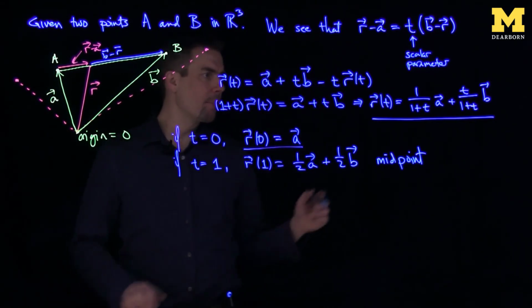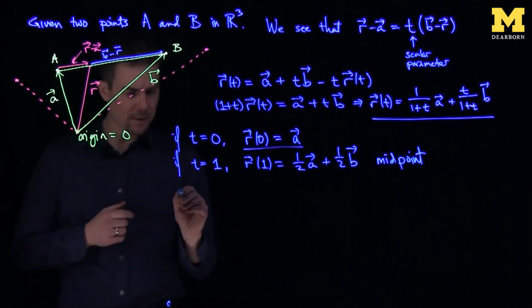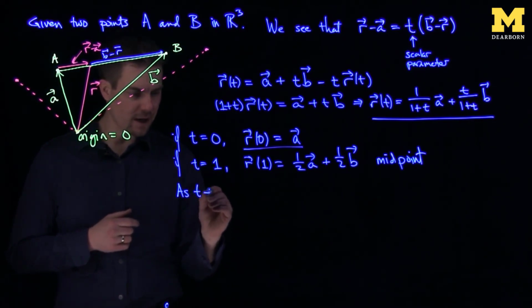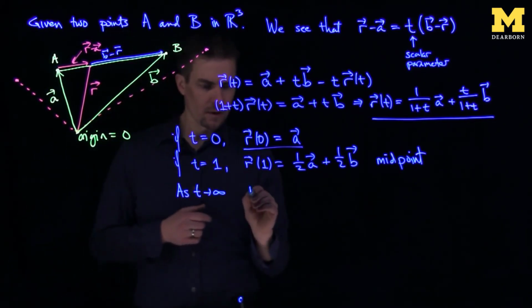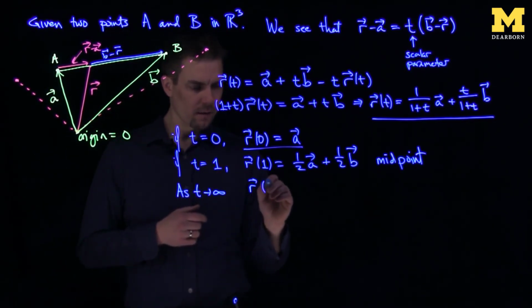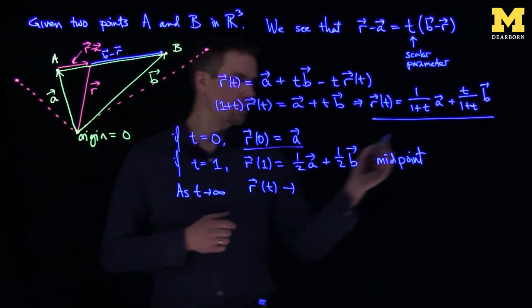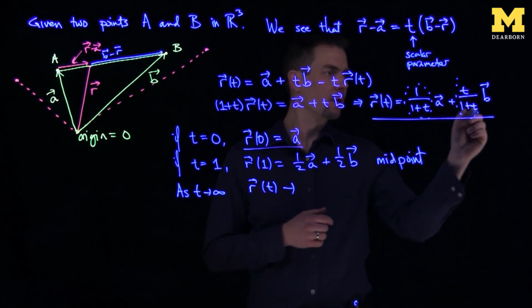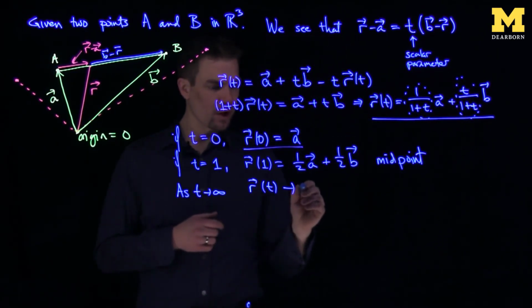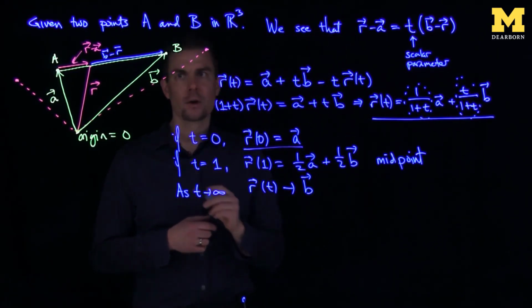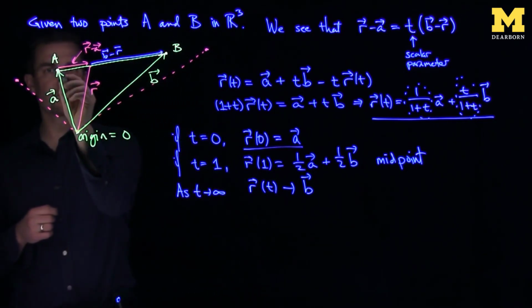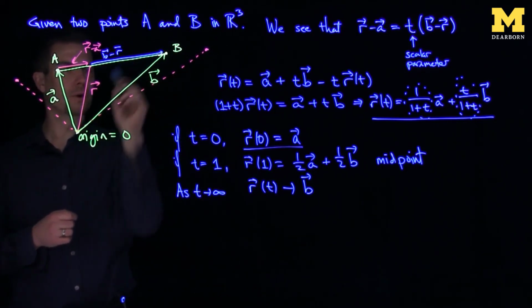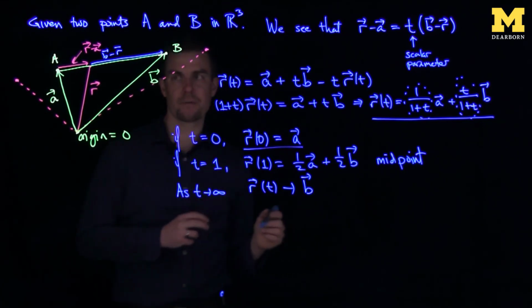And now let's see what happens as T approaches infinity. R of T will approach, this term over here will approach 0, and this term over here will approach 1, and so R of T will approach the vector B. So we've parameterized every point in between A and B, with A being the origin and B in some sense being close to infinity.